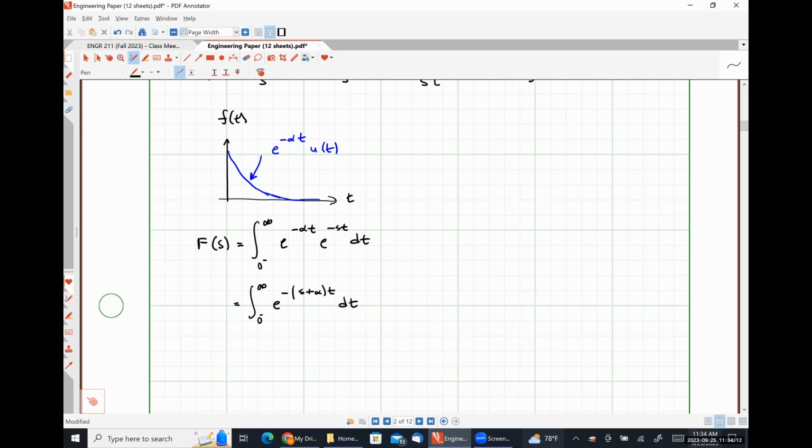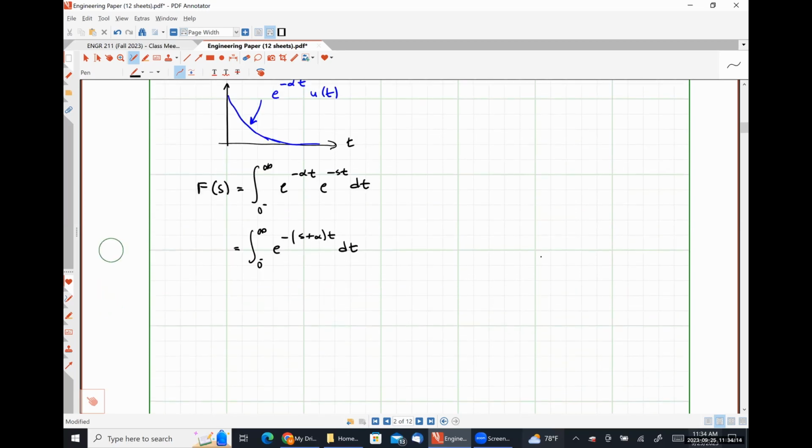So negative 1 over s plus alpha multiplied by e to the negative s plus alpha t evaluated at 0 and infinity.